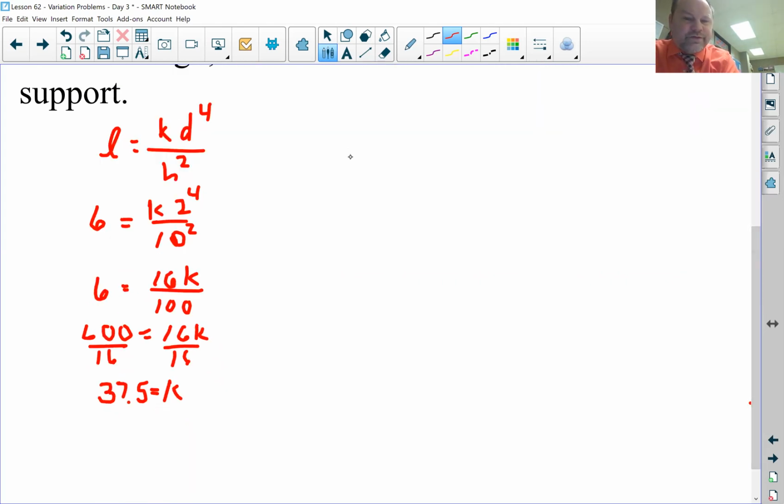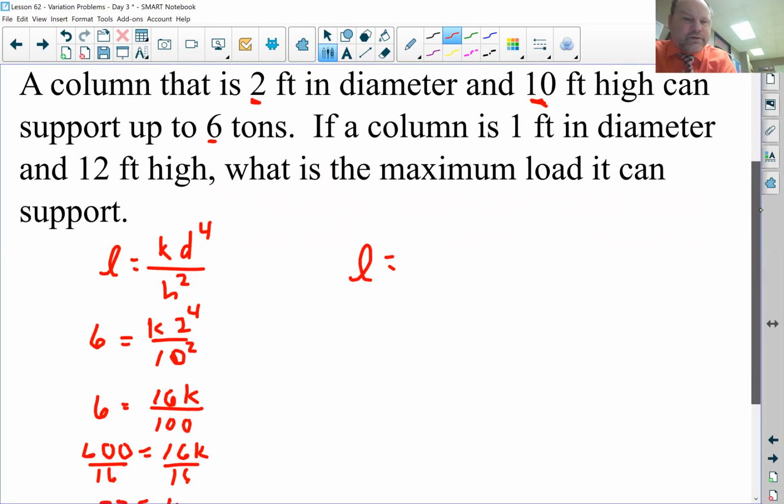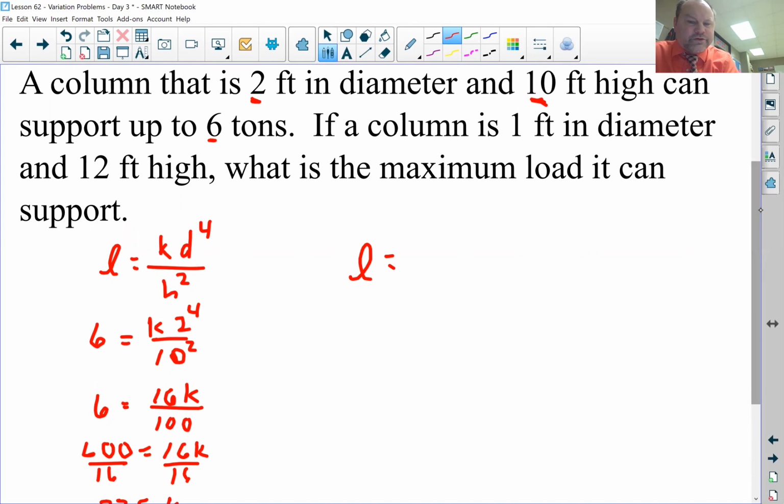So we want to find then the load where the diameter is 1. So we have 37.5 times 1 to the 4th over 12 squared.